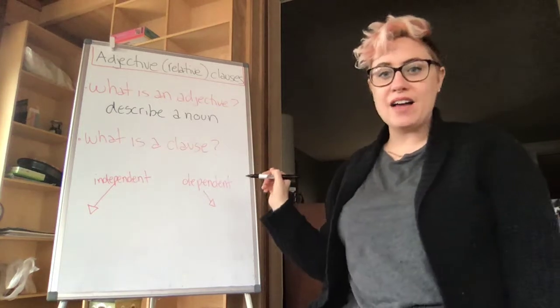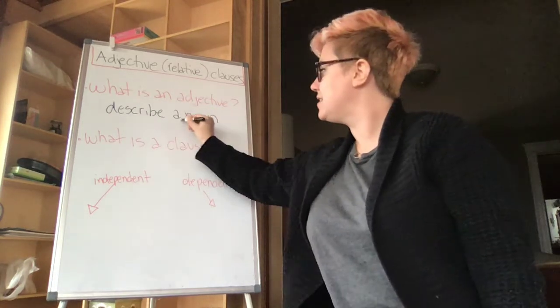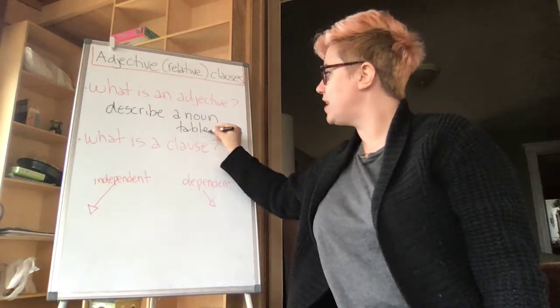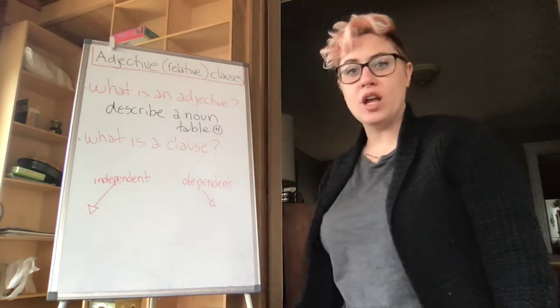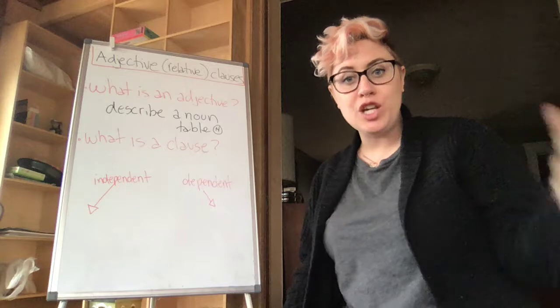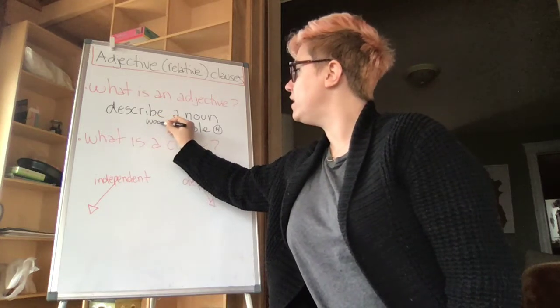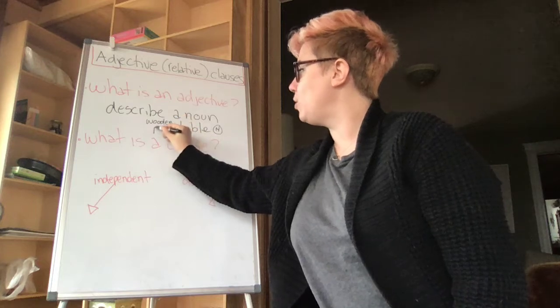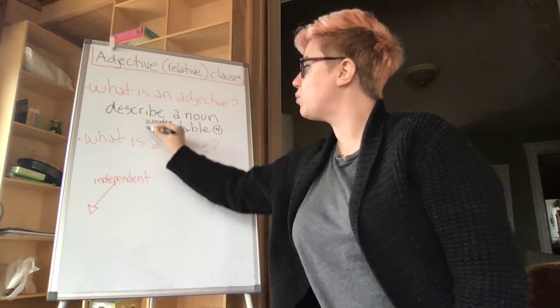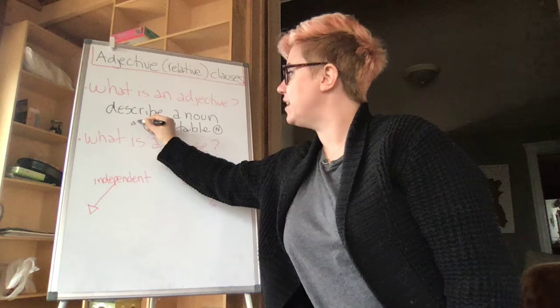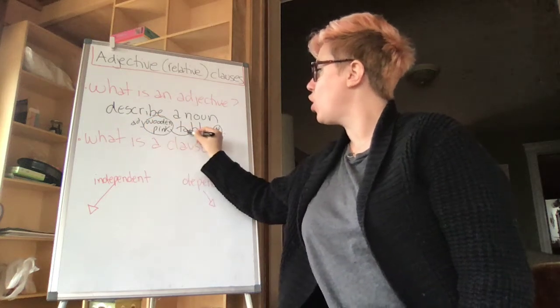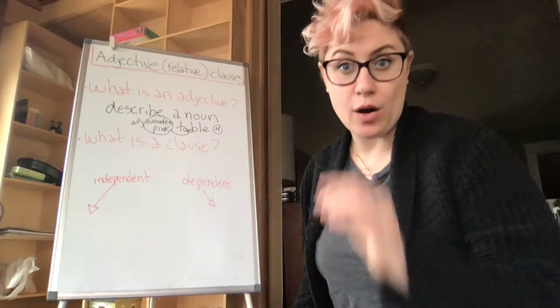If we have a noun like table, adjectives are the words we use to describe the table. Is the table wooden? Is the table pink? These words are adjectives because they are qualifying the noun.